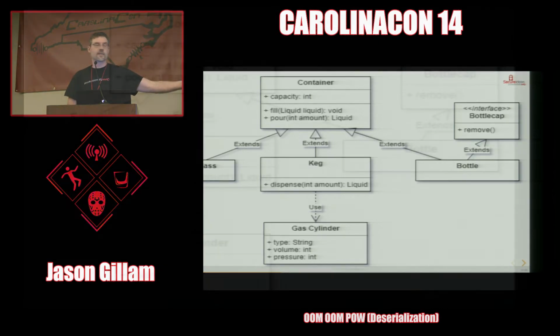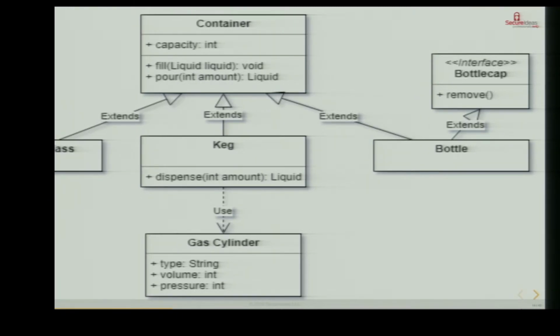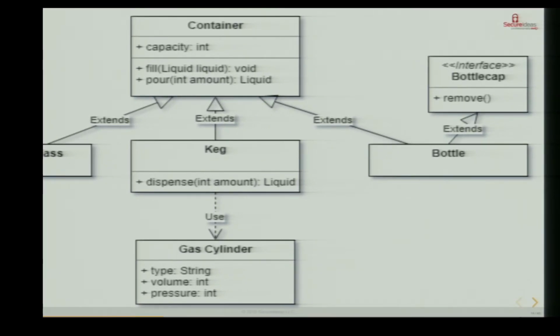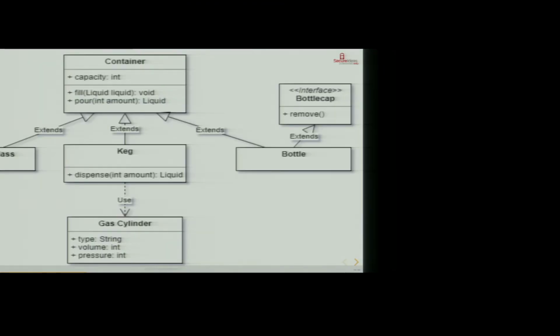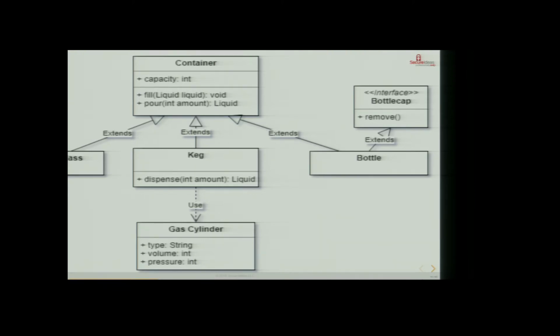That's a really cool container, because a keg not only allows you to pour stuff out or in, but you can also hook it up to a gas cylinder and dispense it, and it's all bubbly and really cool. I like that. And then we have a Bottle as well. A Bottle extends an interface, BottleCap, so it allows you to actually open it up, you can remove the bottle cap.